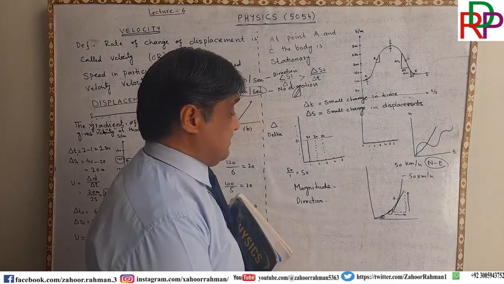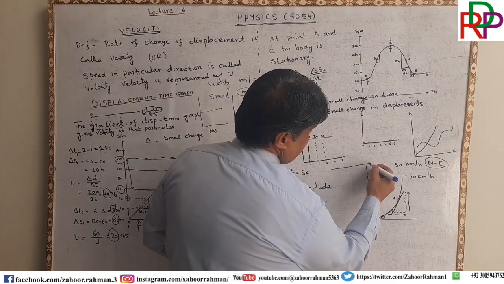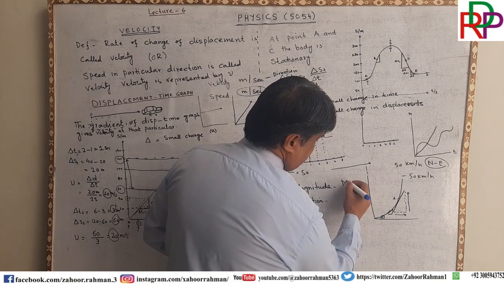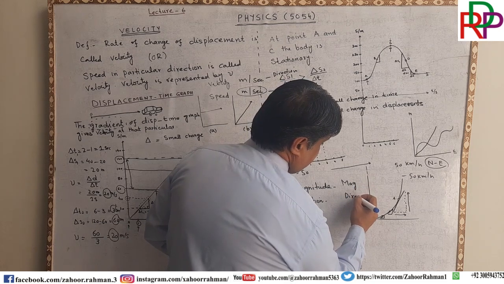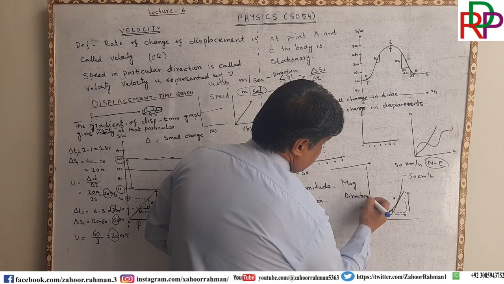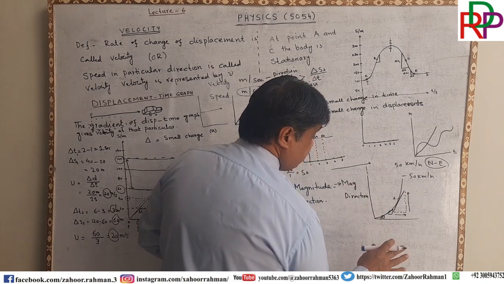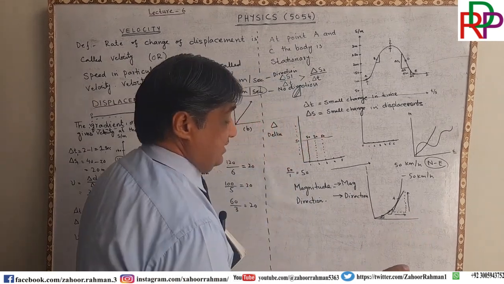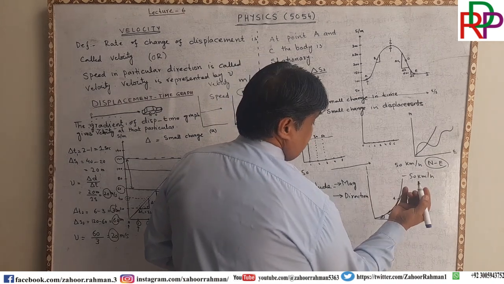It must move in a straight line because velocity has magnitude as well as direction. If either magnitude or direction changes, then it no longer remains constant velocity, it yields acceleration.